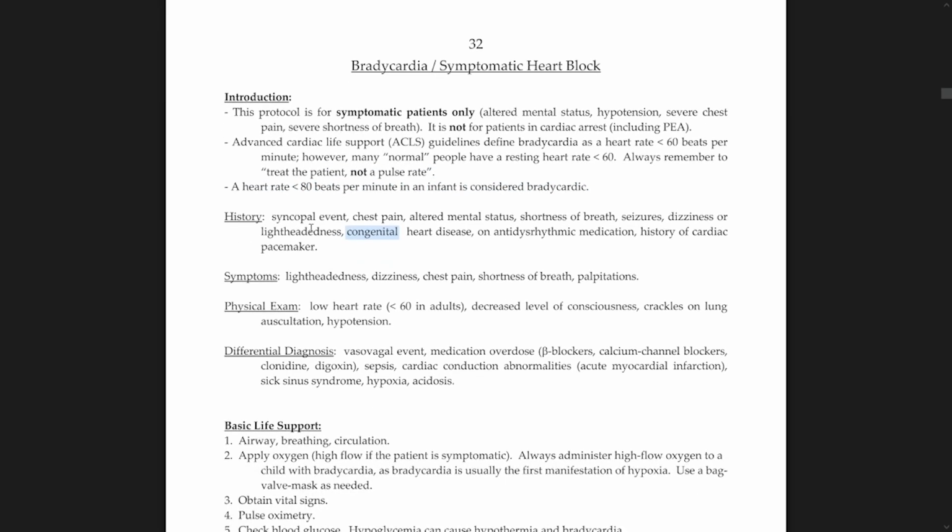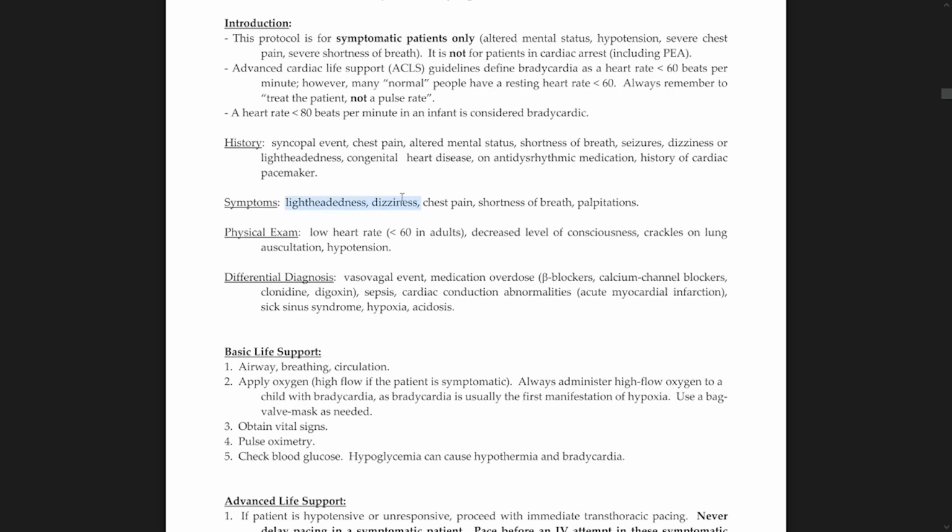The history includes syncopal events, chest pain, altered mental status, shortness of breath, seizures, dizziness or lightheadedness, congenital heart disease, a patient on antiarrhythmic medications, or a history of a cardiac pacemaker. You're going to see symptoms such as lightheadedness, dizziness, chest pain, shortness of breath, and palpitations.